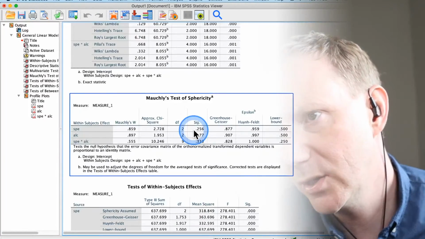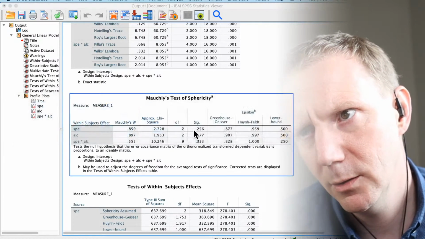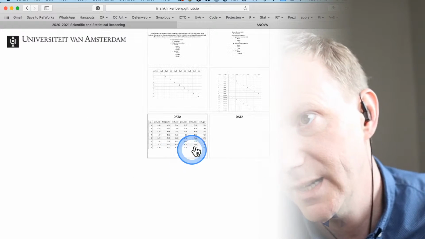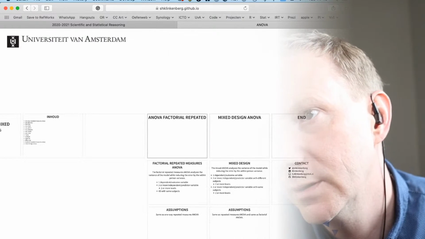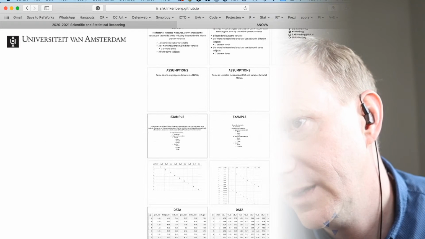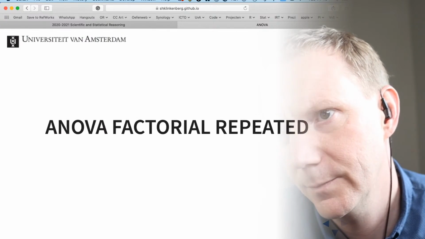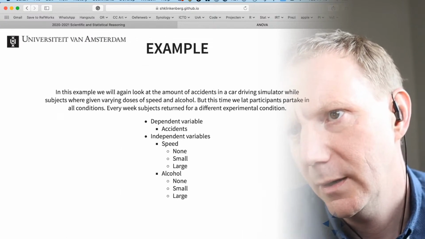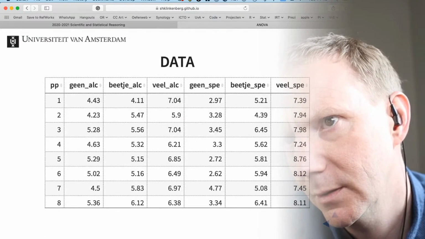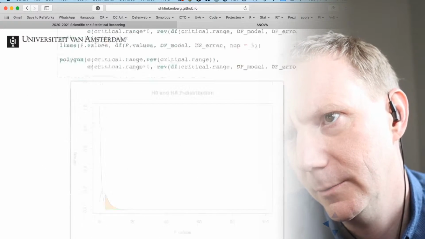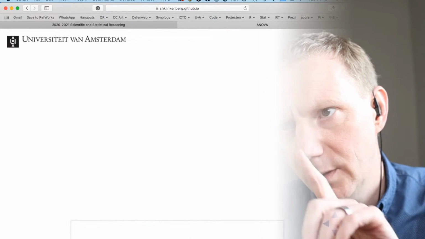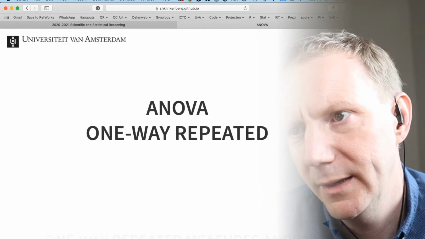But I think it's a good moment to step back and go back one bit into the beginning of our slides. Let's go up, because here, in the factorial repeated ANOVA, we looked at the decisions that you could make if you violate these assumptions.